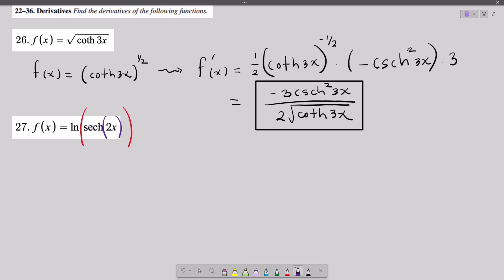See if you can come up with the derivative. Let me know if you're stuck. I'll come and give you a nudge.